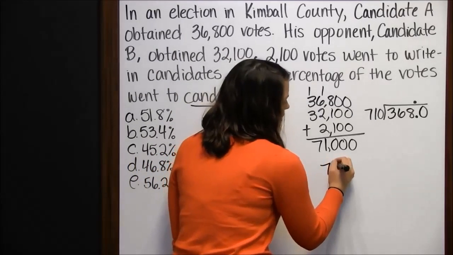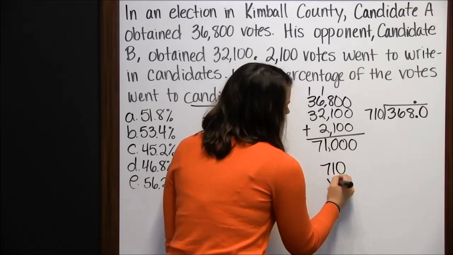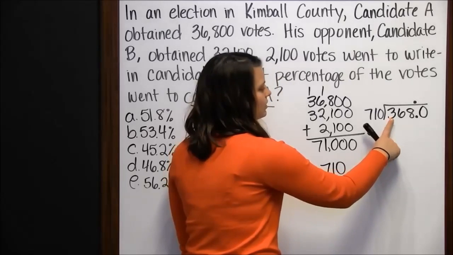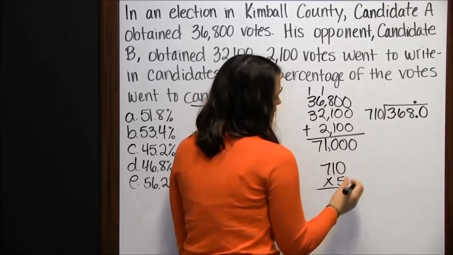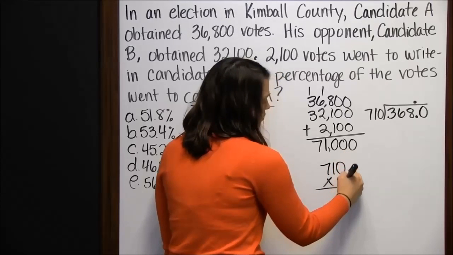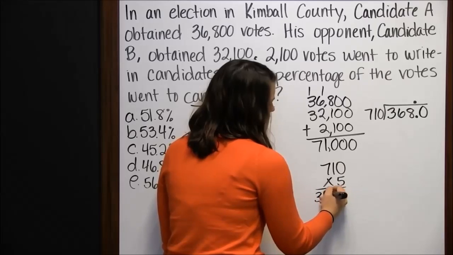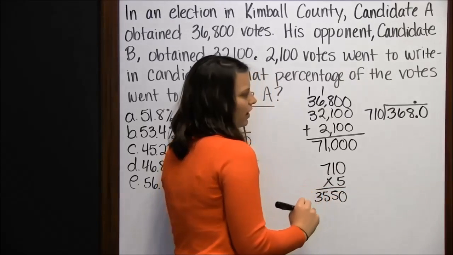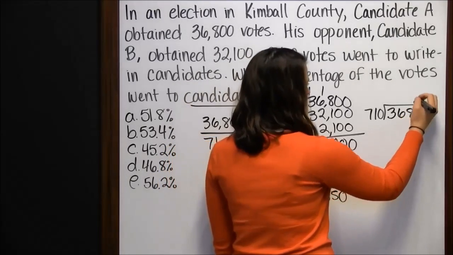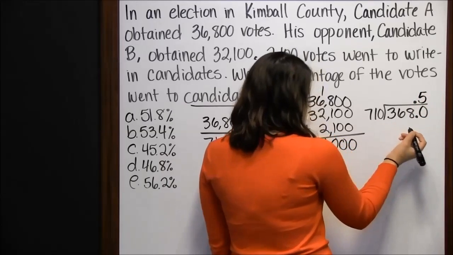So I'm thinking 710 is going to go about 5 times into 3,680. So let me multiply this. We get 0, and that's 5, and that's 35. So 3,550. Yep, looks good. So that's 5.